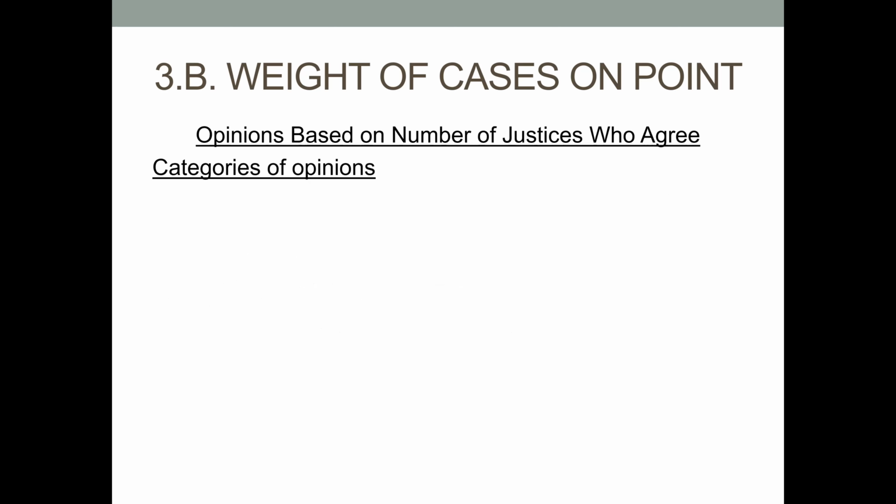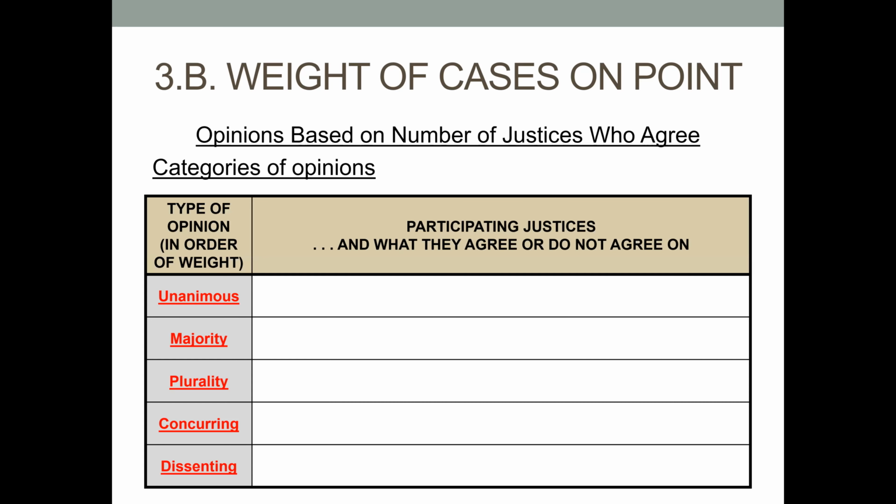So with that background, we can now look at the categories of opinions based on the number of justices who heard the case that agree with each other or disagree with each other, and on what grounds. I've listed these types of opinions in descending order of weight.